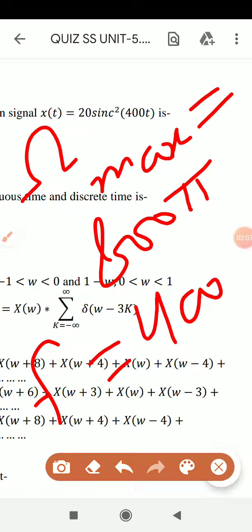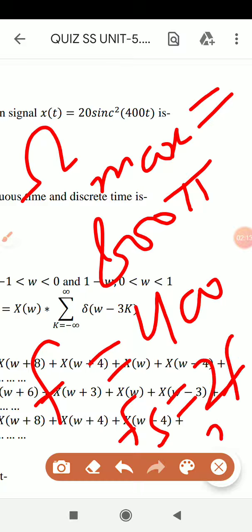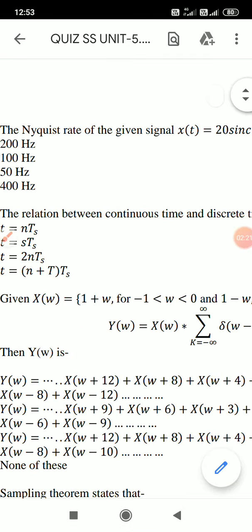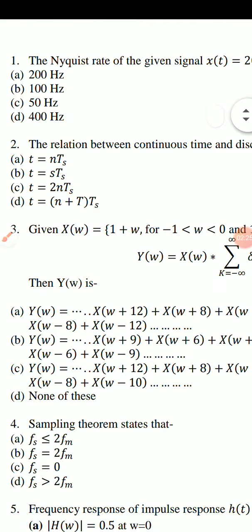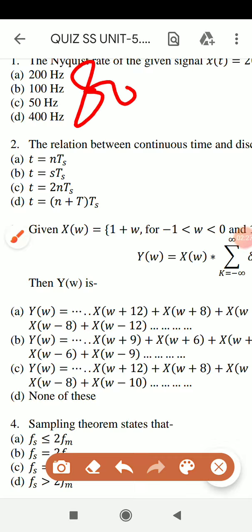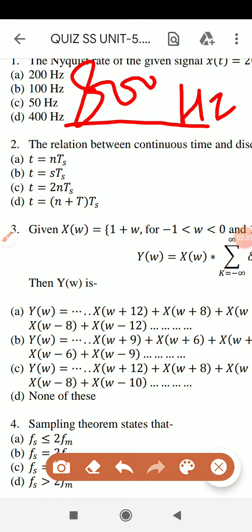So Nyquist rate is fs is equal to twice of fm, and Nyquist rate will be 800. So the answer of the first question is 800 hertz, the Nyquist rate.